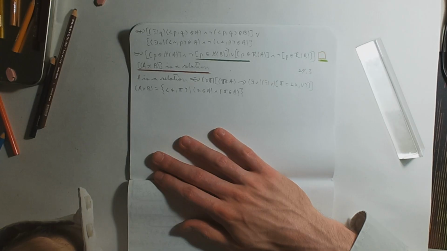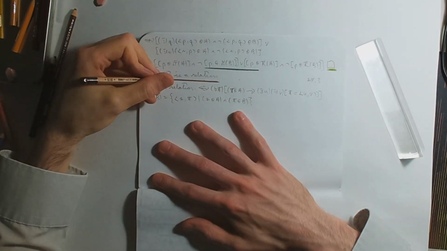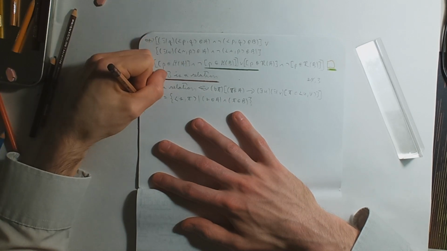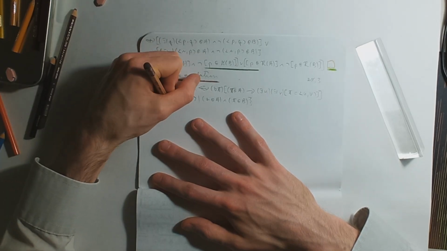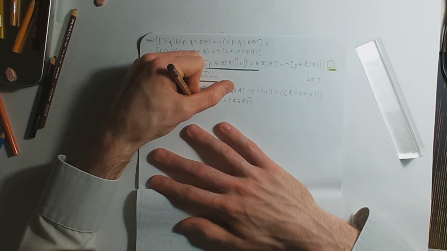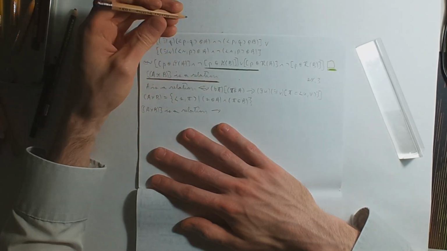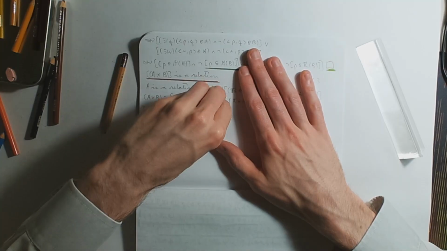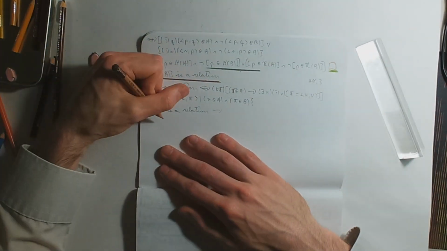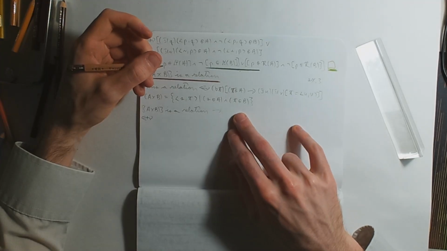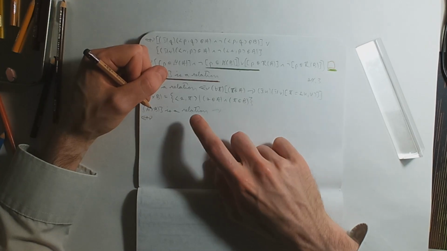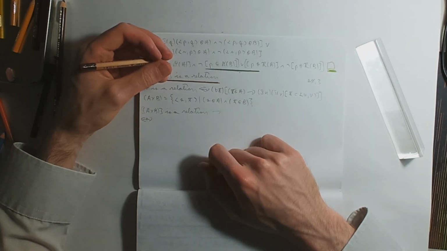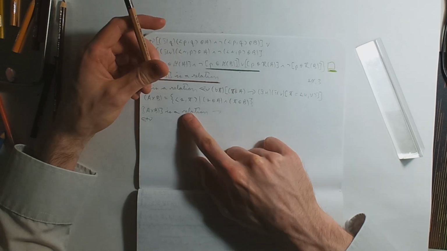Let's see. The ordered pair AB is a relation is interderivable with the expression. I shouldn't have used T here. We can do PQ here.